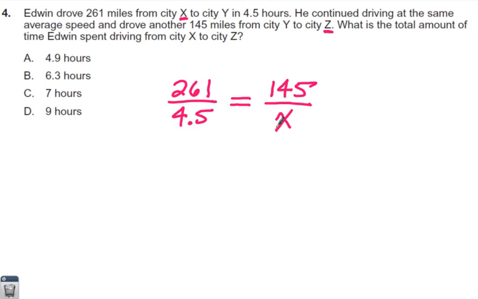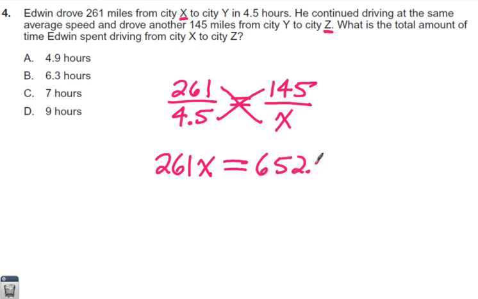There's more than one way to do this, but I'm in the mood to cross multiply to solve for X. So we do 261 times X, and then 4.5 times 145, which I will do on my calculator, and get 652.5, I believe.